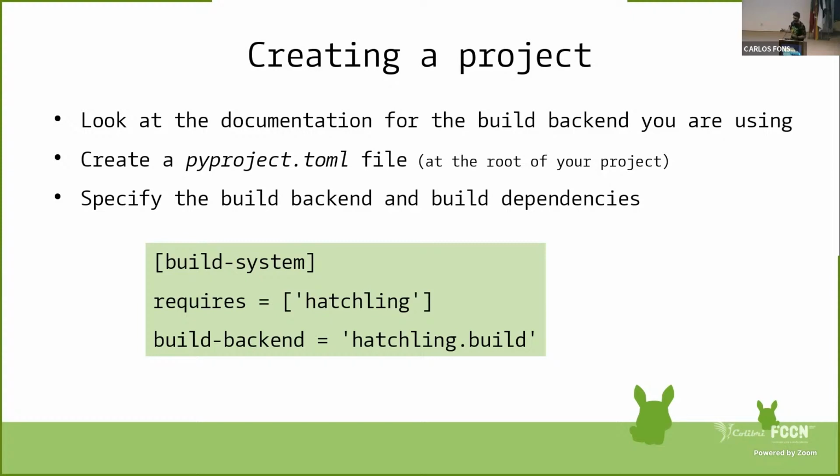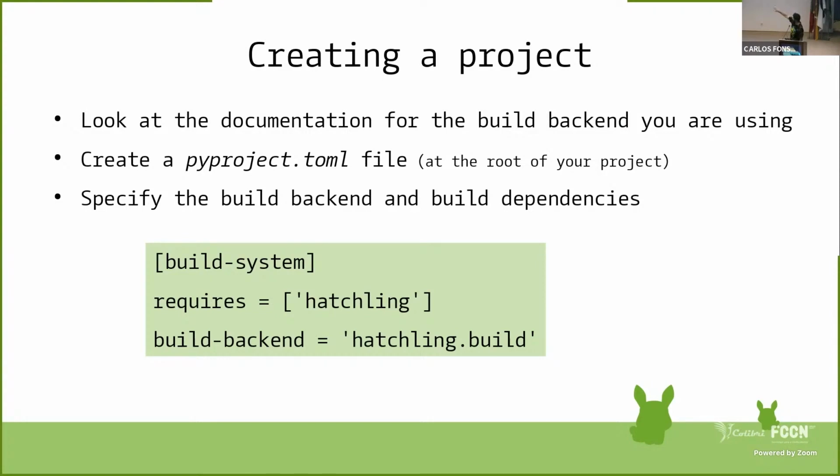Usually the first step for all backends is to create a pyproject.toml file in the root of your project, and then add the build-system table there, where you specify the build requirements, so the packages that are required to build your project, and then the actual build backend that you want to use.